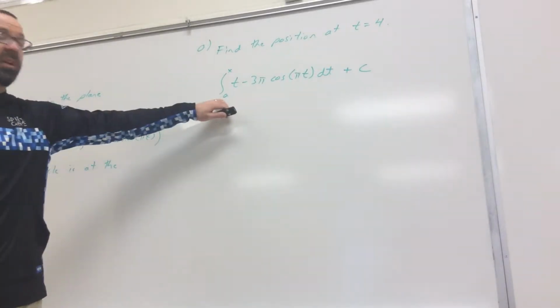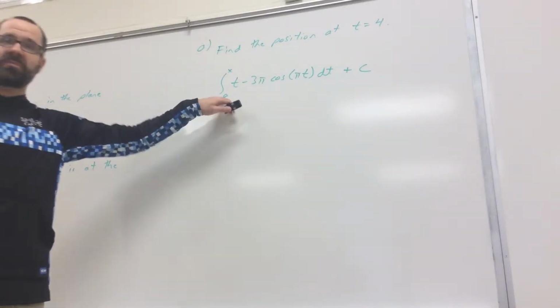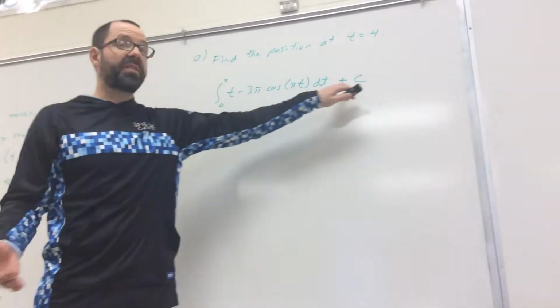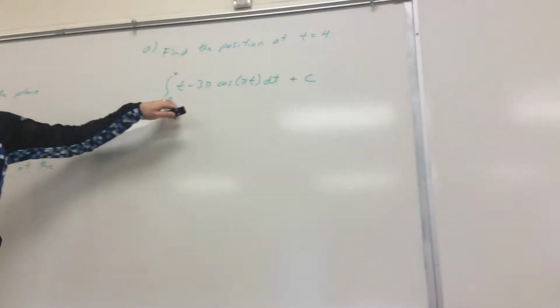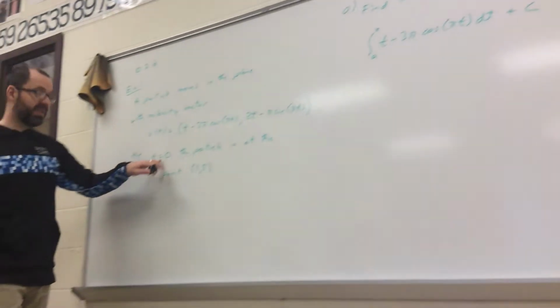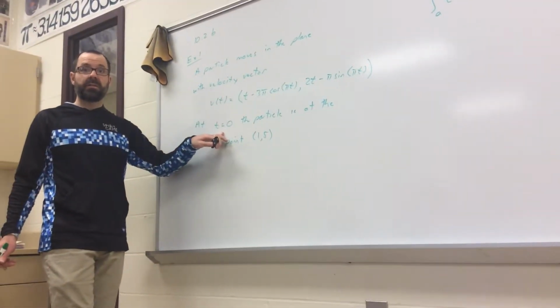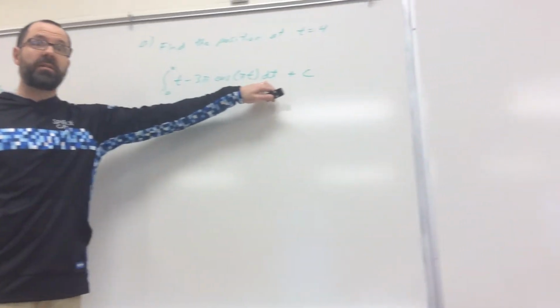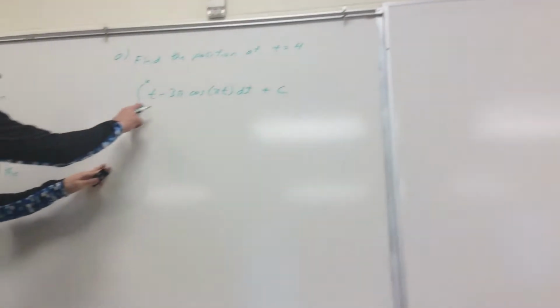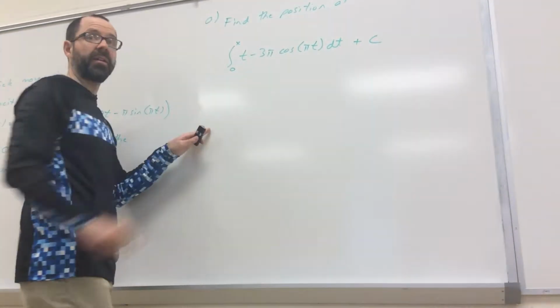And I can pick any number I want for a, and then from that a, that'll help me figure out what the c is. So the most convenient thing for a would be t equals 0, right? Because these are times, because it's dt. So they gave me information when t was 0, so I'll put a 0 down there.